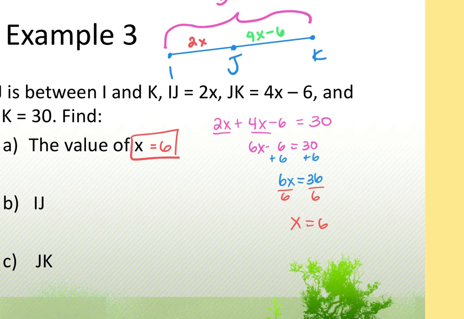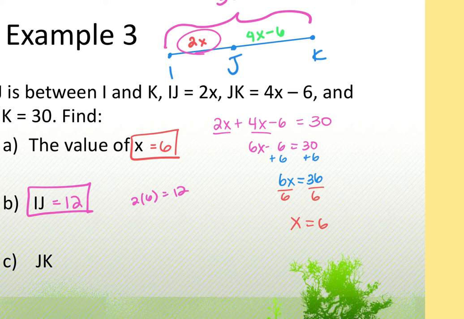Then it says find IJ. How do I do that? Good. Plug it back in here. So 2 times 6 would be 12. Then it says find JK. There's actually two ways to do this. What's one?